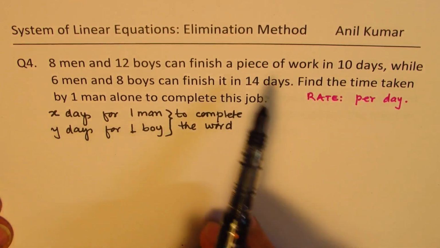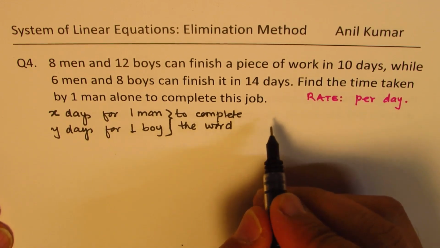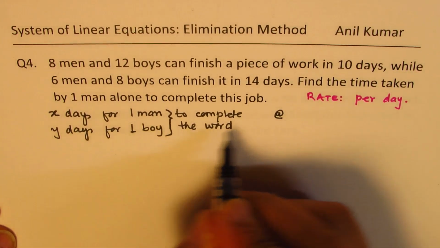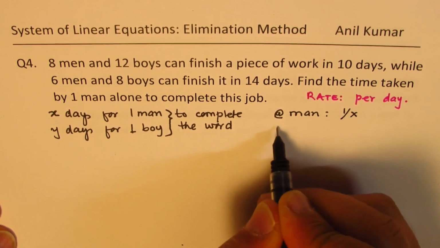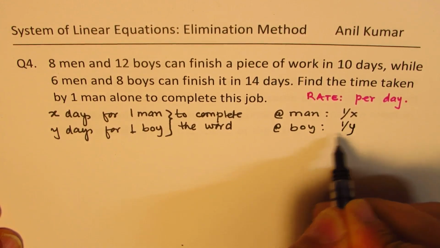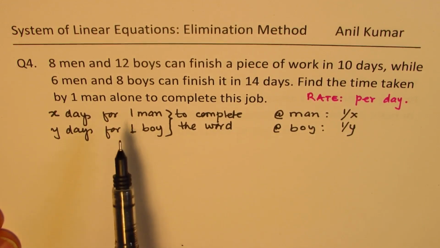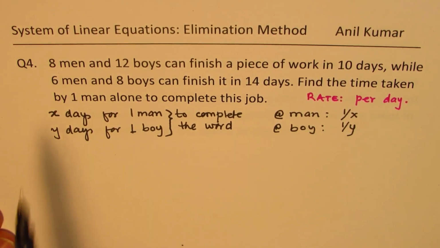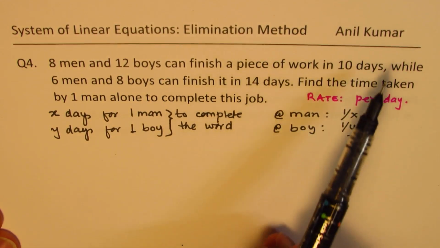So when we are saying the total job is completed in x days, in 1 day how much? So the rate for a man is basically 1 over x, and the rate for a boy will basically be 1 over y. So this should be understood very clearly, right? So that helps us to get the equation. 8 men and 12 boys can finish a piece of work in 10 days.